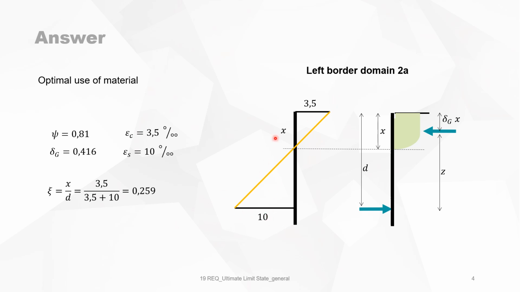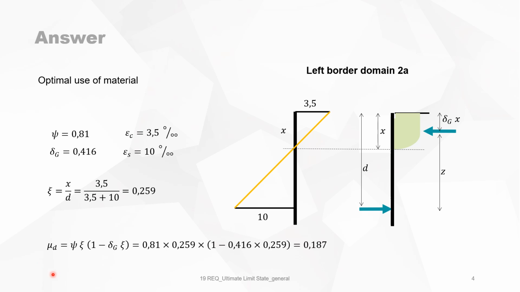From this, we can easily calculate the position of the neutral axis, X. X over D is equal to 3.5 per mil divided by the sum of the two. This angle is the same as this angle, and the tangents of those two are equal, so this is valid. So X over D is then 0.259, and this is the depth of the neutral axis.